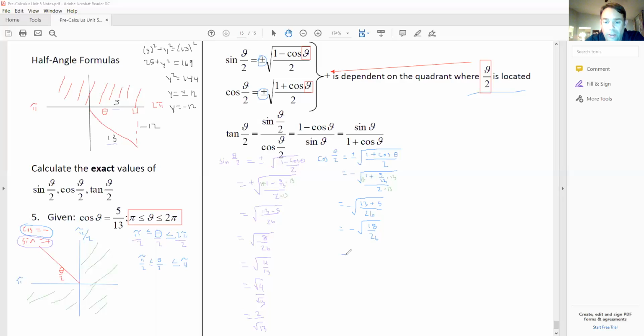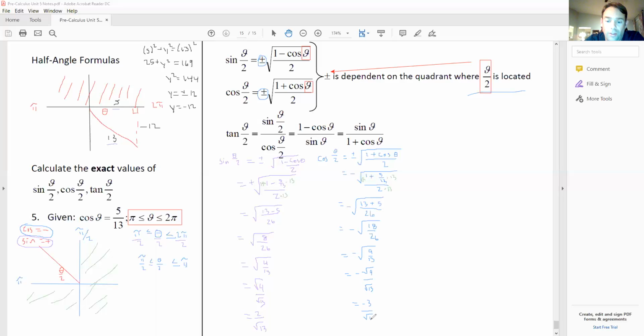And we can reduce that. That'll be 9 over 13. And when we plug that in there, friends, that's going to be root 9, break that up a little bit, over root 13. And that would be negative 3 over root 13.